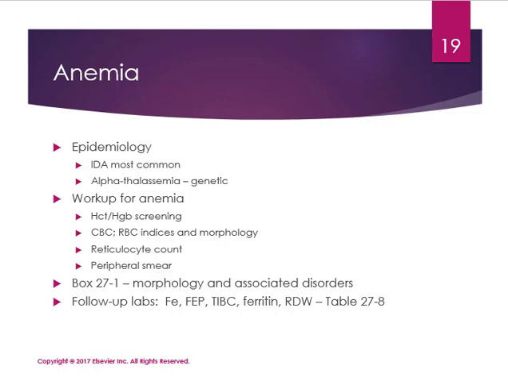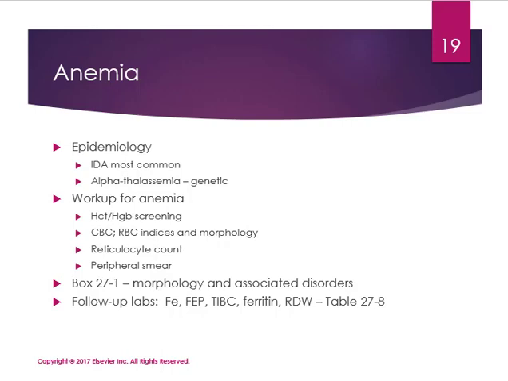You want to screen and check for your hemoglobin and hematocrit. It's important also to check for RBC indices and morphology, such as your MCV, which is your mean corpuscular volume, which is going to tell you size, and the other MCHC, etc., that are found on a CBC.